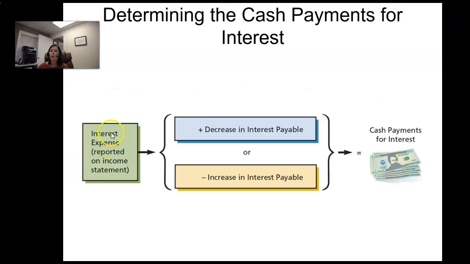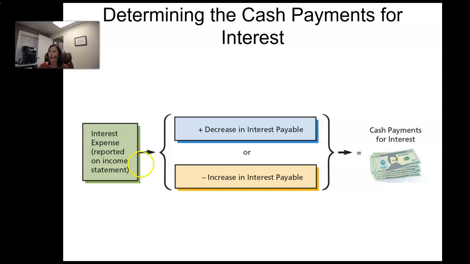And the way that we do that is we take the interest expense that's reported on the income statement, and we take a look at the interest payable on our balance sheet, and if our interest payable went down, we add that to the interest expense reported on our income statement.